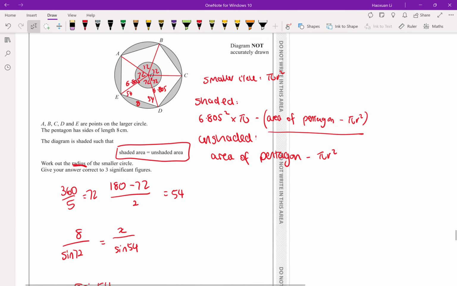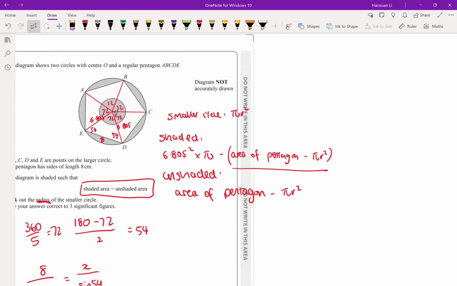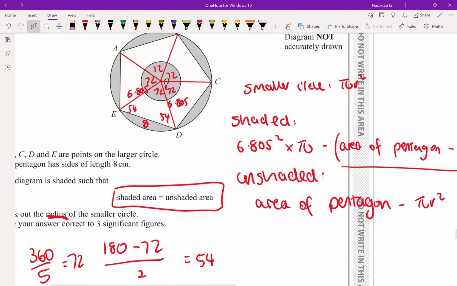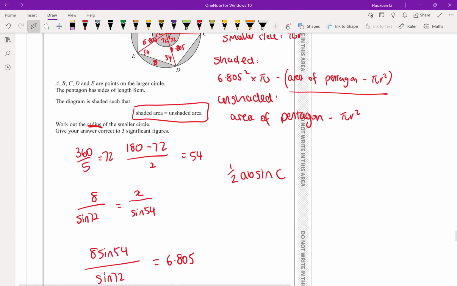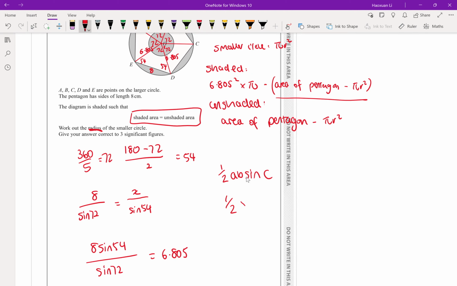Therefore, if we now start to work on the area of the pentagon, you can simply use the area of a triangle rule, half ab sine C. So half times 6.805 times 6.805 times sine 72.